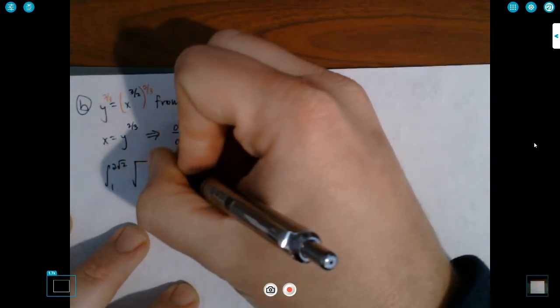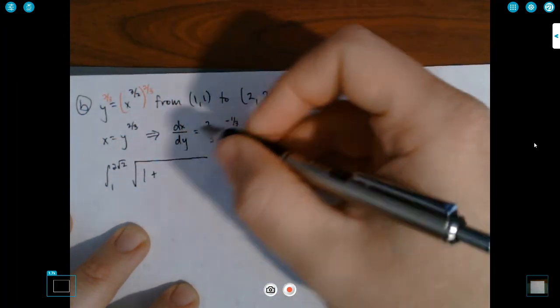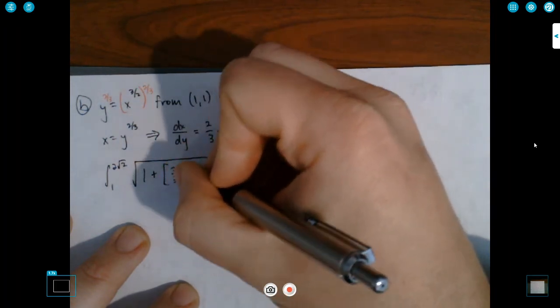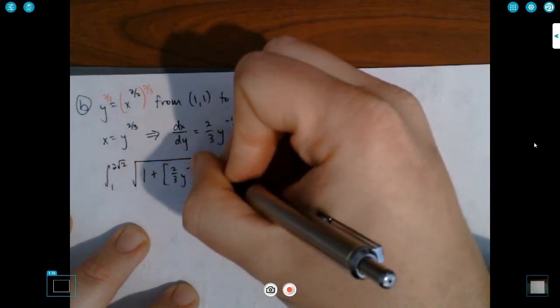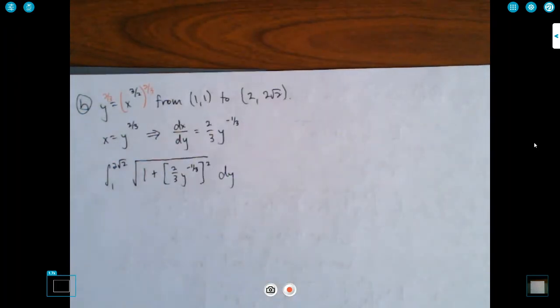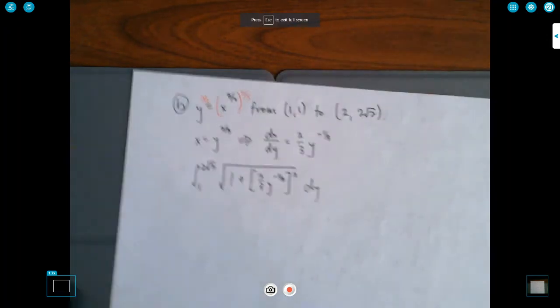And I'm going to do square root of 1 plus dx dy squared dy. Okay, so there's the setup. The rest is history, right? The rest is just calculus. Easy squeezy. Let's see if we can finish it.